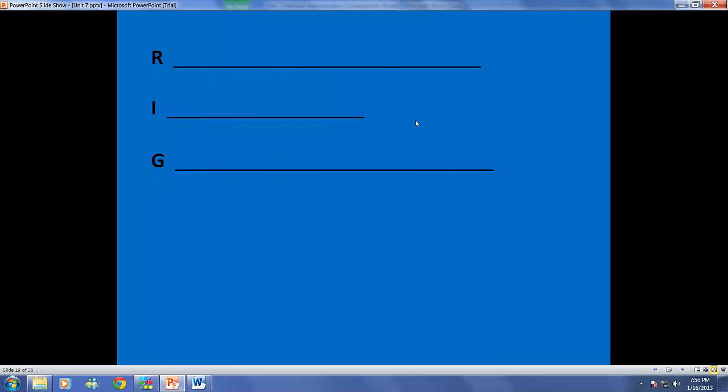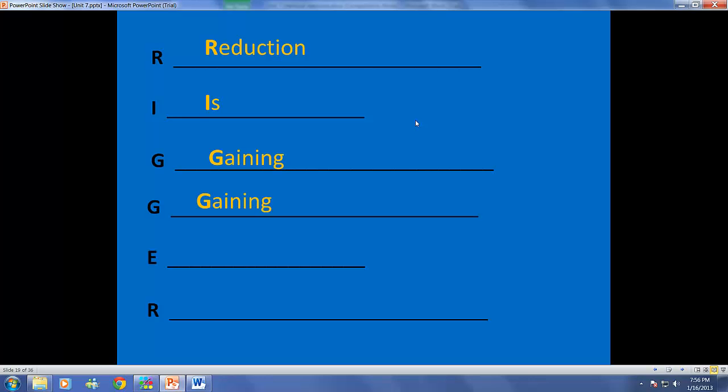And the saying, we had oxidation is losing, what goes with that is OIL RIG. Reduction is gaining. So those are the 2 that go together. If you want to look at the animal, LEO goes GER. So losing electrons is oxidation, and gaining electrons is reduction.